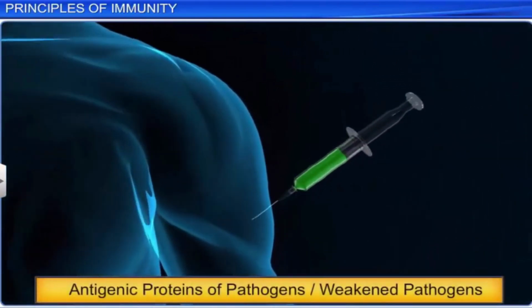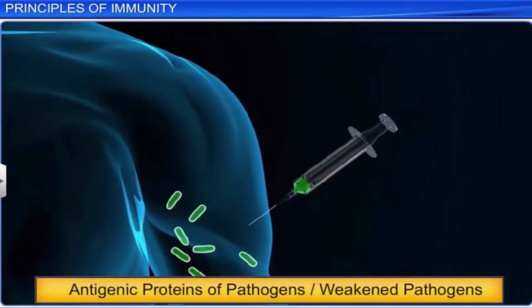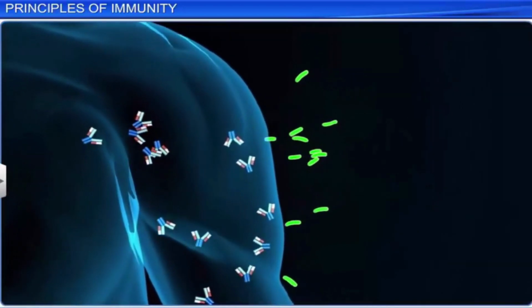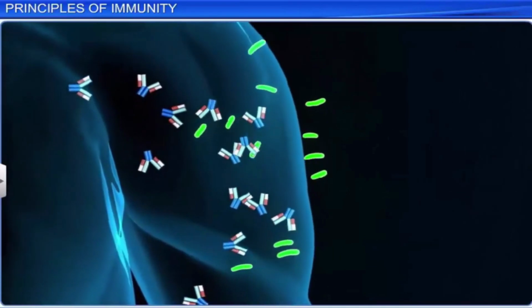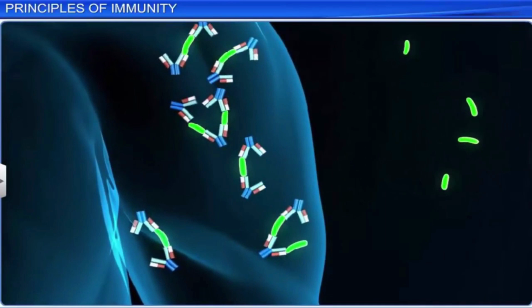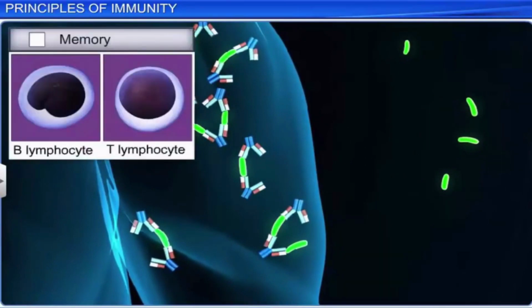A preparation of antigenic proteins of pathogens or an inactive or weakened pathogen is introduced into the body as a vaccine. The antibodies produced in the body against these pathogens are then able to neutralize the pathogens during an actual infection. Vaccines generate memory, which enables B and T cells to recognize the pathogen quickly and produce an army of antibodies in response.